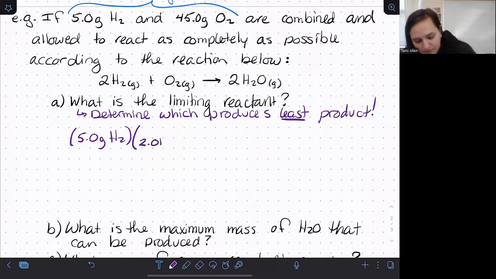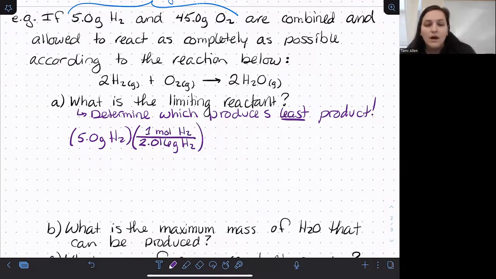So we would have 2.016 grams of hydrogen is equivalent to 1 mole of hydrogen. That is our molar mass of H2. And then we are not interested in moles of H2, we are interested in moles of product.